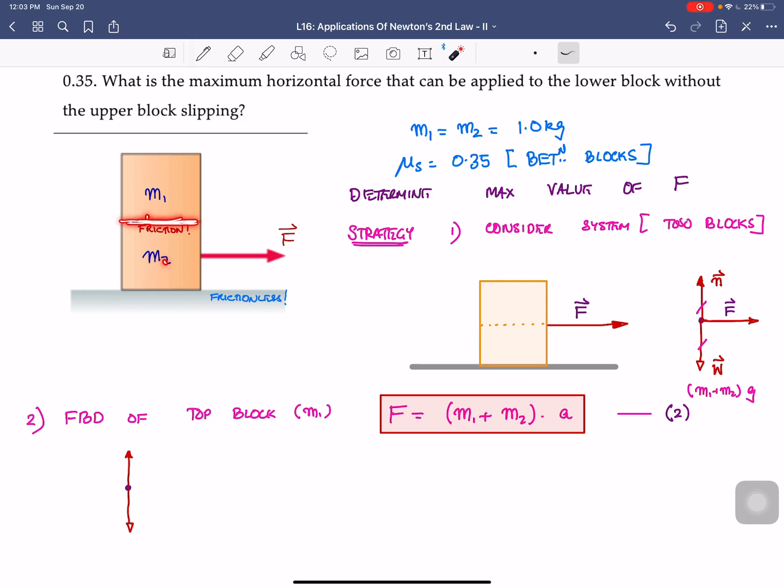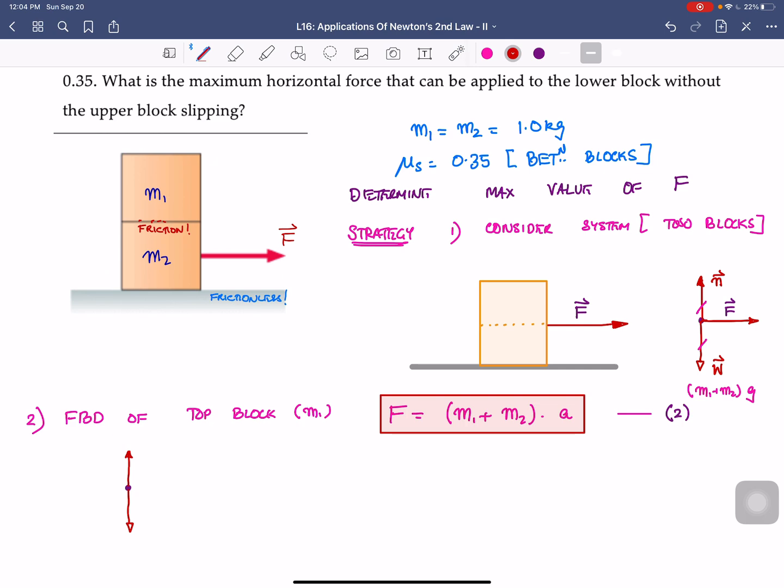Remember, if there was no friction, M2 would go that way, and it appears M1 would go back that way. Friction is preventing M1 from sliding off, which means the direction of friction on M1 is in the forward direction, and that's the force responsible for accelerating M1 to the right.